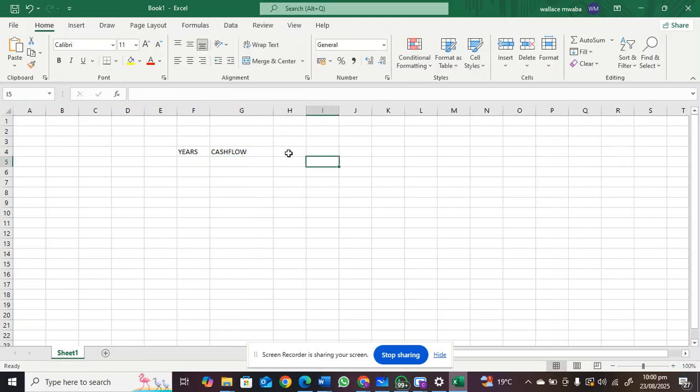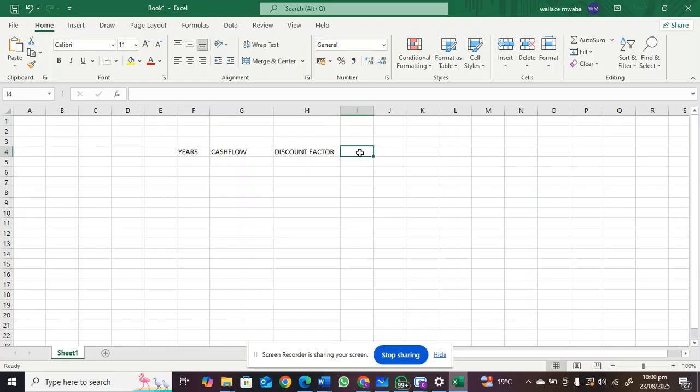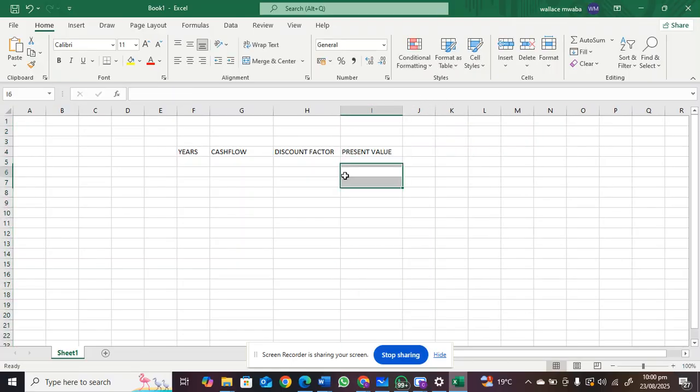We have our discount factor. You can also show it as a tabulation.